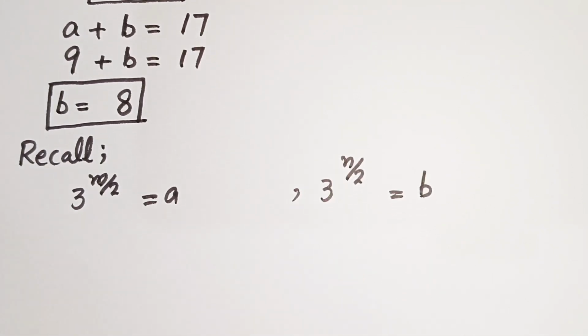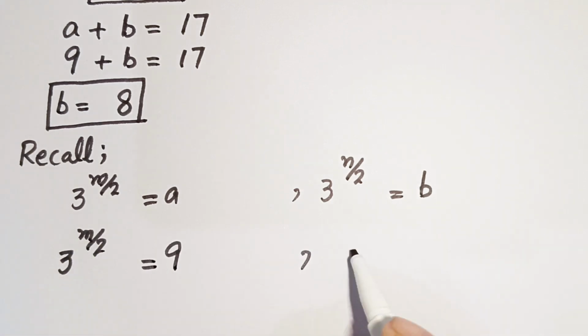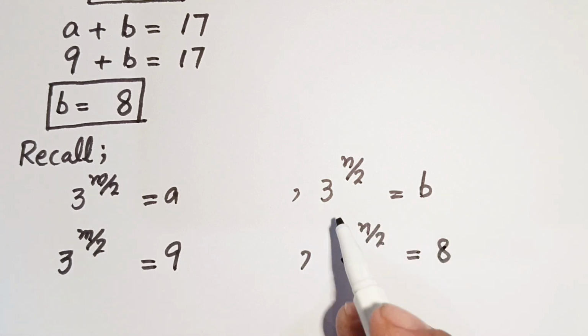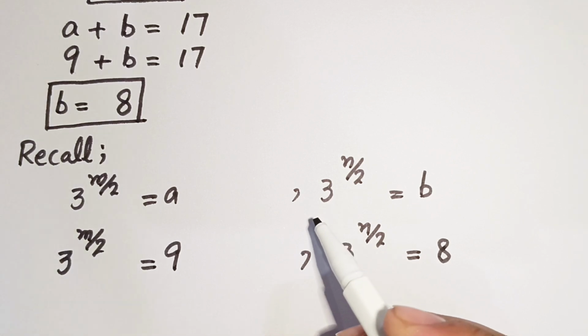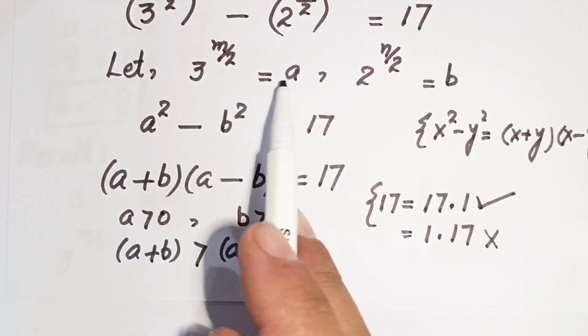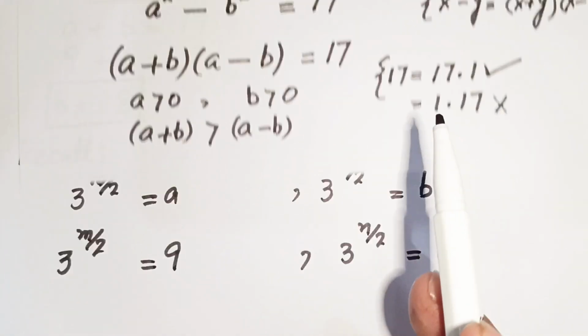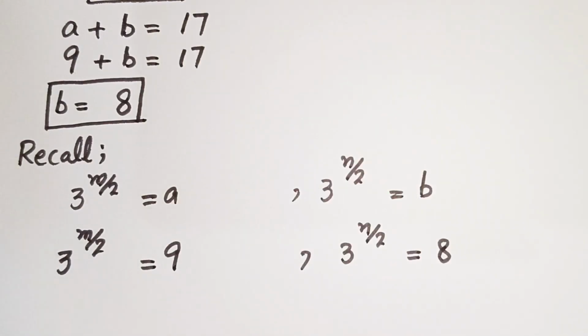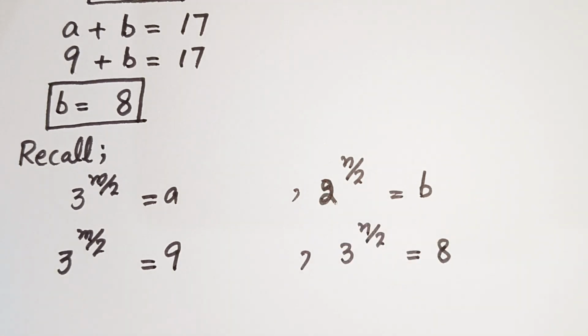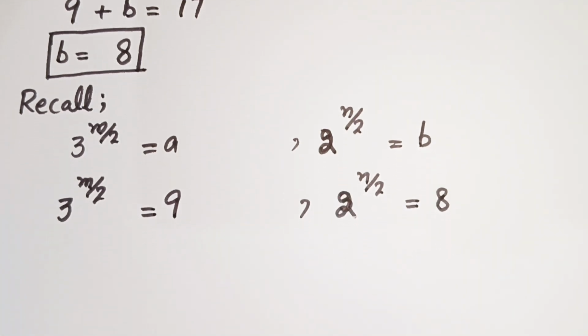Now putting the value of a and b here, 3 to the power m over 2, the value of a is 9, and 2 to the power n over 2, the value of b is 8. Sorry, here it is 2 to the power n over 2, as we have supposed that 3 to the power m over 2 is a, and 2 to the power n over 2 is equal to b.